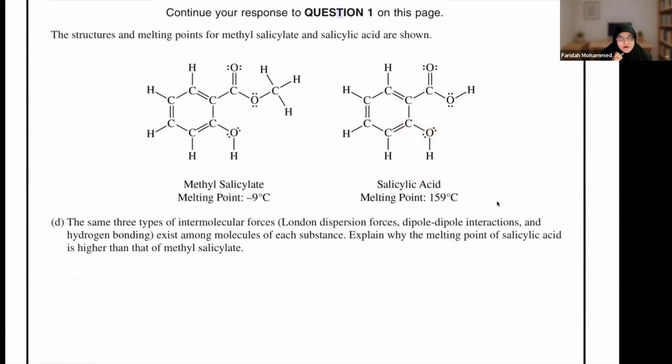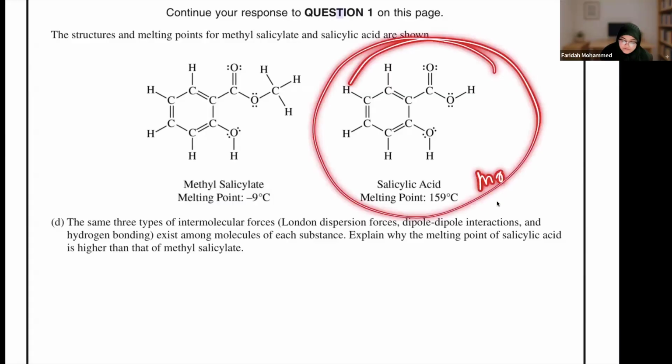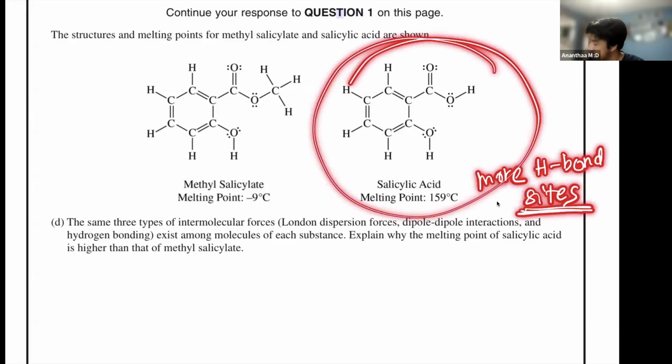So do not talk about how many hydrogen bonds are being formed, because that's just going to confuse. You're going to get it wrong, and that's why I just say it has more. This one has more hydrogen bond sites. All right, that's how you're going to say it.